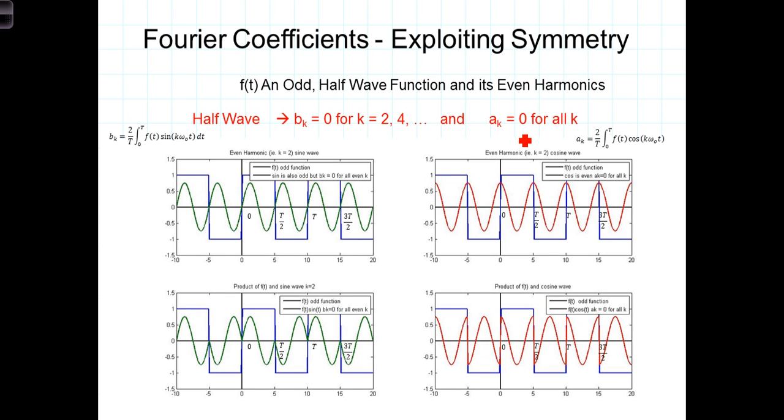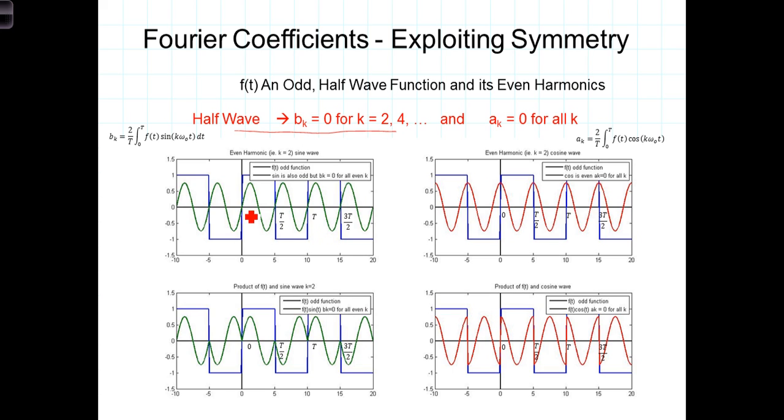Now, this f of t that we're looking at is also half-wave symmetrical. So let's now look and see what it is about the half-wave symmetry that makes it so that even the b sub k's are 0 for even harmonics, or for values of k being even numbers 2, 4, 6, and so on. We have here the situation of a sine wave oscillating at 2 times the frequency, k equals 2, 2 omega naught, of our half-wave symmetrical function.